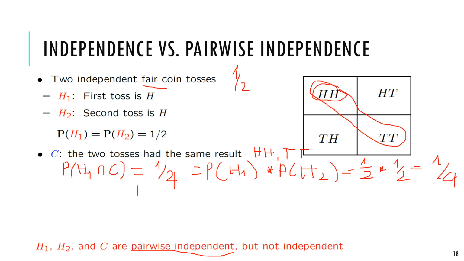And the probability of X1 multiplied by the probability of C is equal to 1/2 multiplied by 1/2.